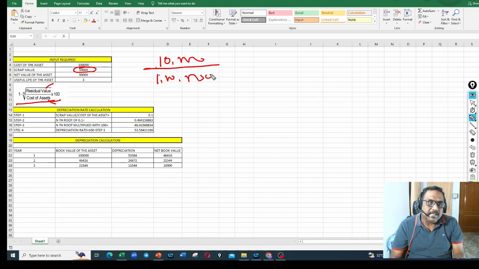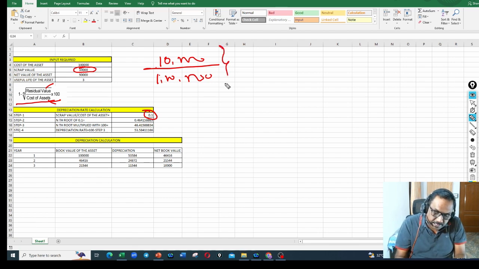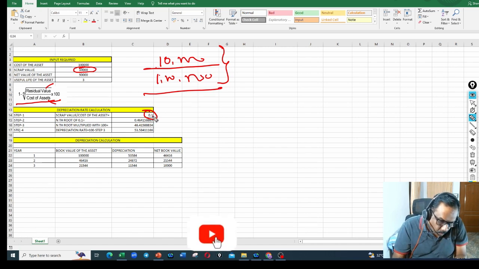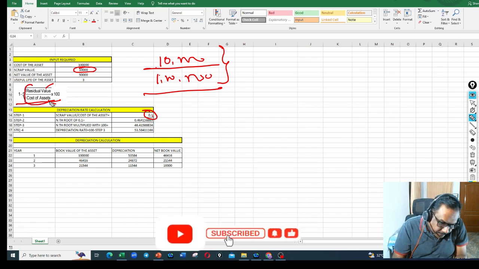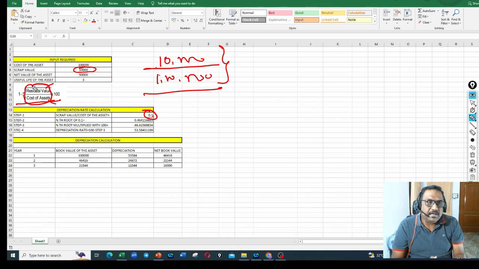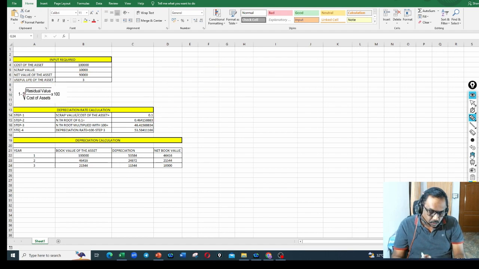You put it in the calculator and you will get 0.1. So right now, what you did is calculated the value of residual value divided by cost of asset. 10,000 divided by 1 lakh equals 0.1. So step 1 is over. Are you clear so far in step 1? Then go to step 2.